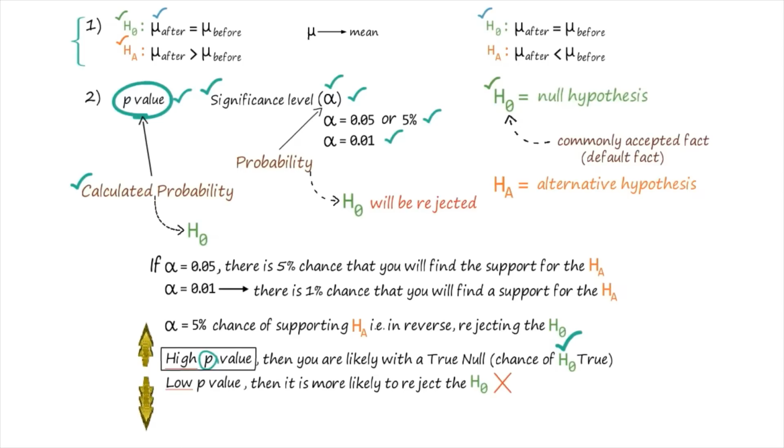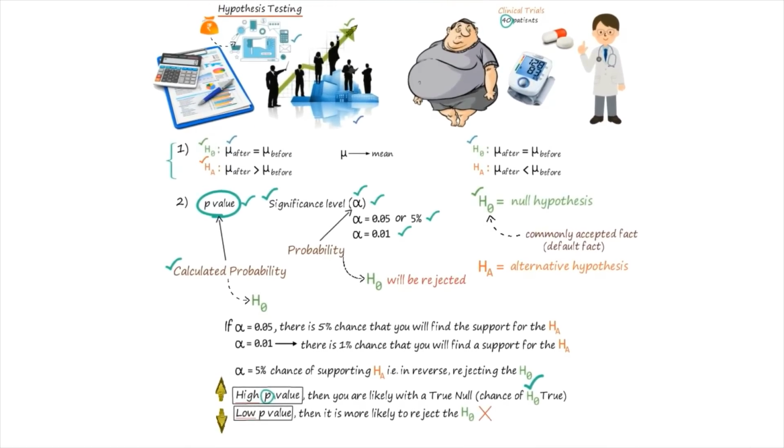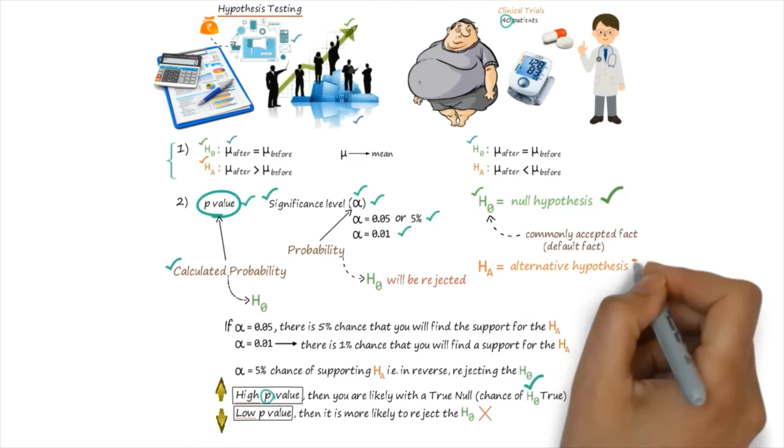Now, if you get a p-value which is lower than the significance level, meaning a low p-value, what can you state from this? You can state that if the p-value is low, then it is more likely to reject the null hypothesis. Whatever statement you have assumed in the null hypothesis, you have to reject it. There is no choice, right? So this is how you can conclude whether to use these assumptions or those assumptions.